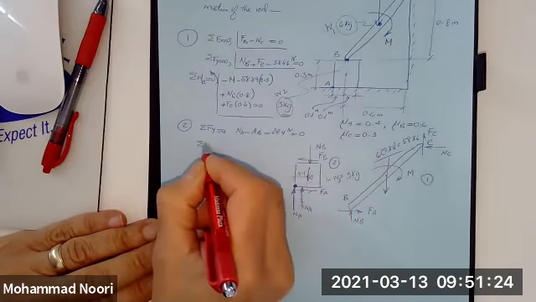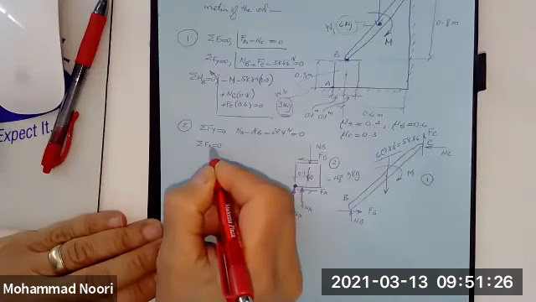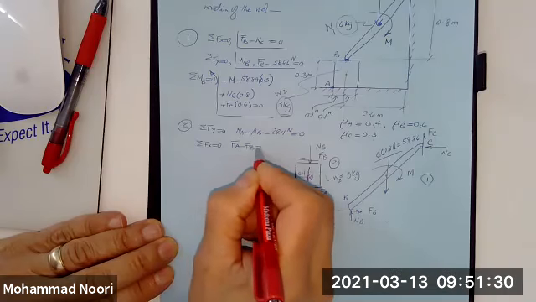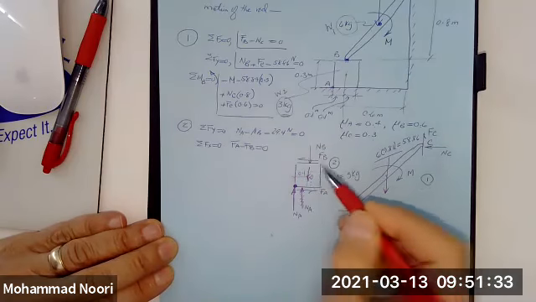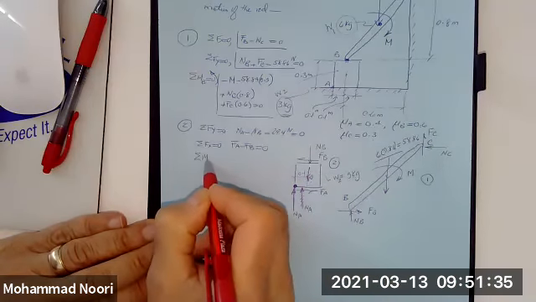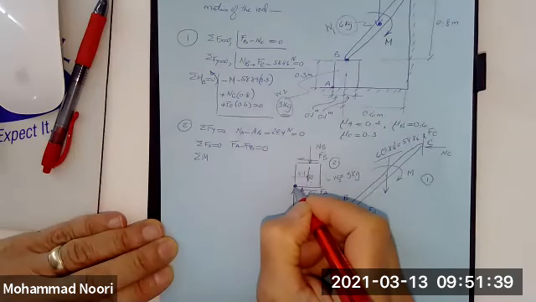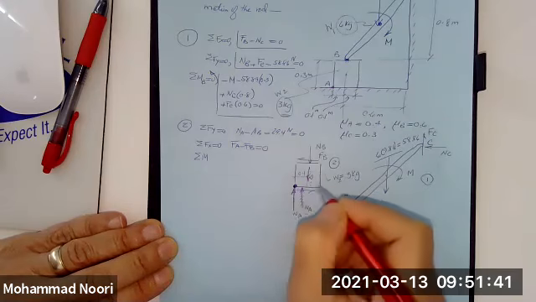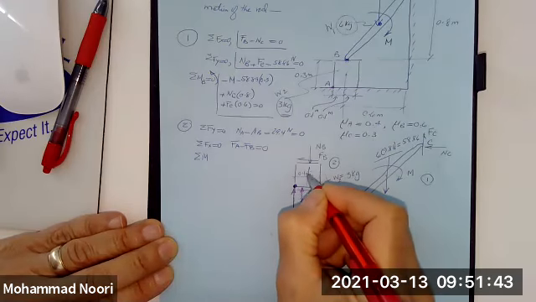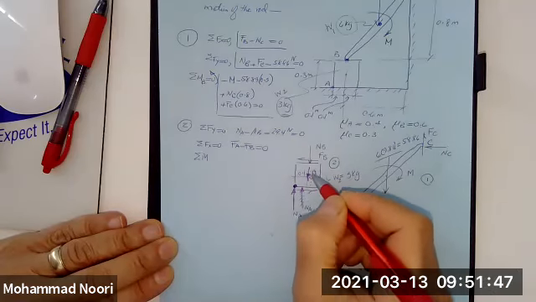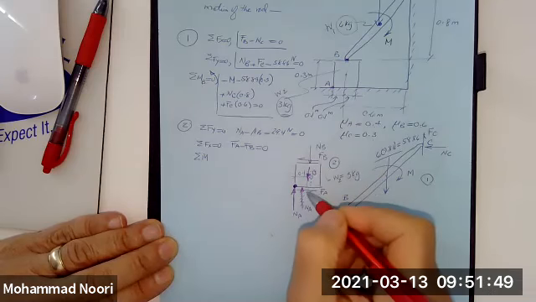Now, summation of forces along X is equal to 0. You have F_A minus F_B is equal to 0, these two. And then you can also take summation of moments about this point, or take summation of moments about the center of the block. I would take summation of moments about the center to get rid of these two forces.